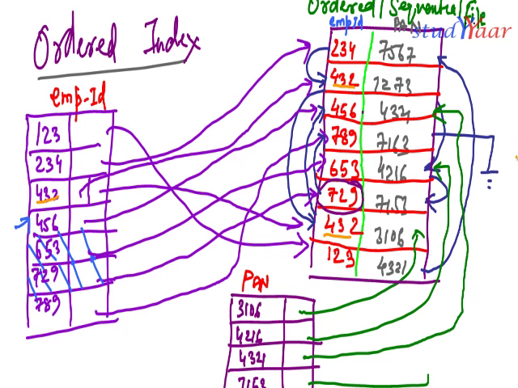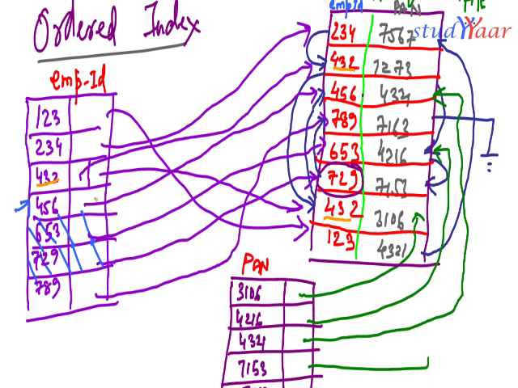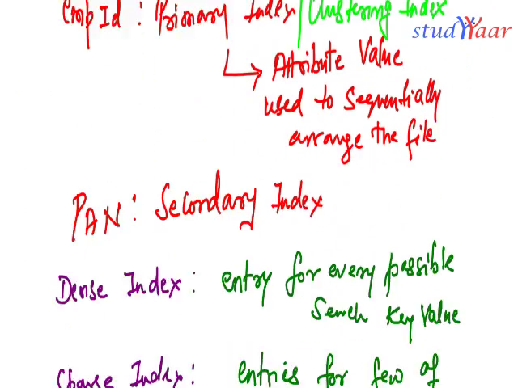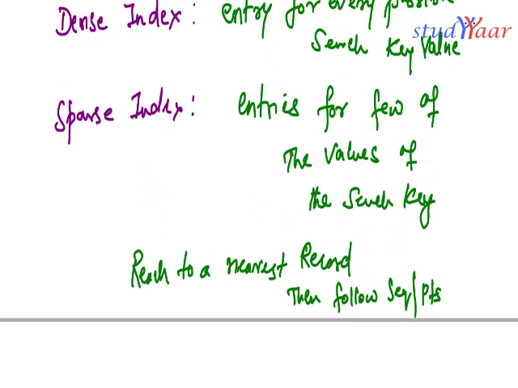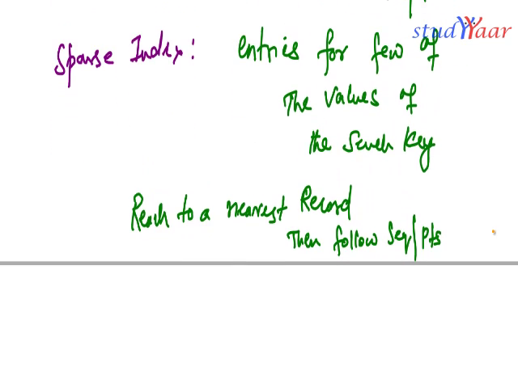So for an ordered dense index, it is not necessary that both the values be stored, because once I reach the first value, then I can obviously follow the pointer and locate my second value. Okay. So that is one thing you should keep in mind regarding dense indices.